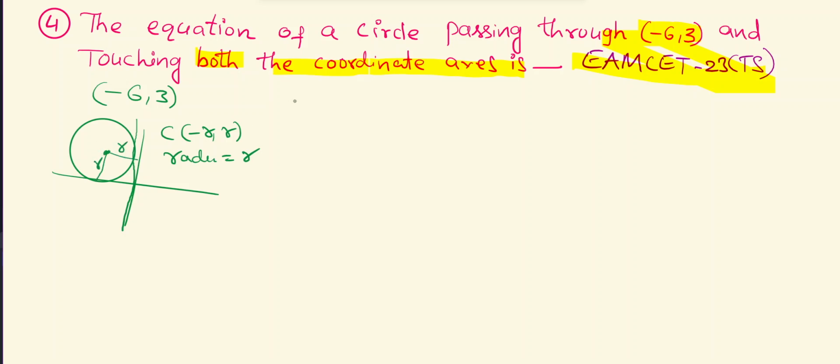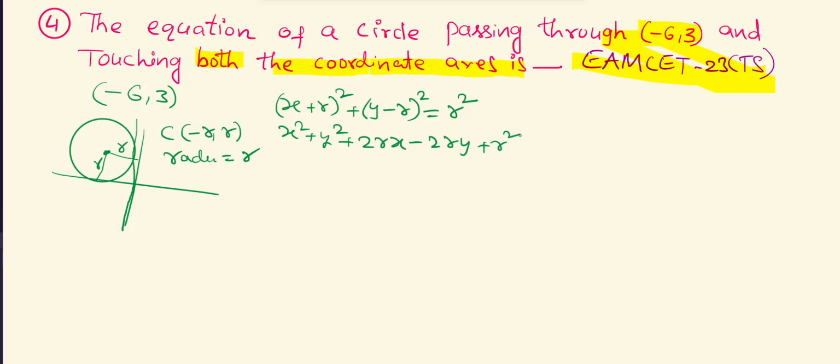The equation of the circle is (x plus r) whole square plus (y minus r) whole square is equal to r square. This is x square plus y square plus 2rx minus 2ry plus r square is equal to 0. This is the equation of the circle.